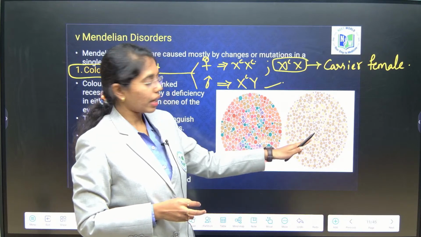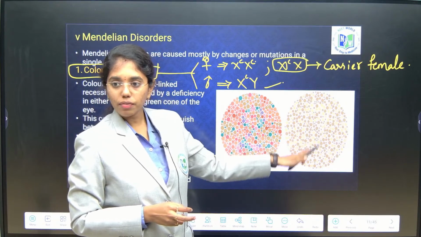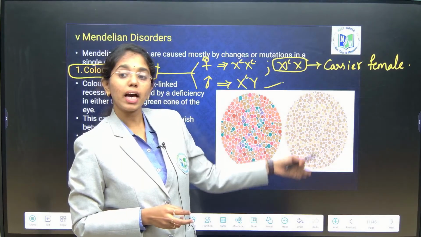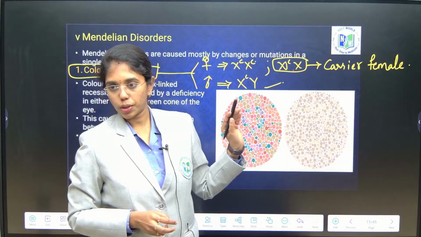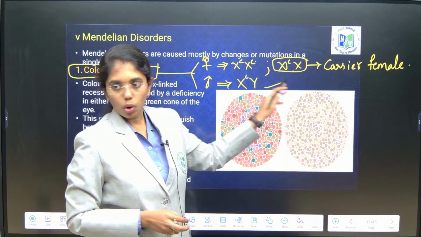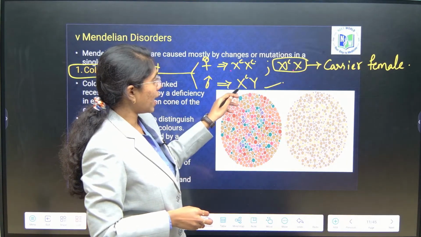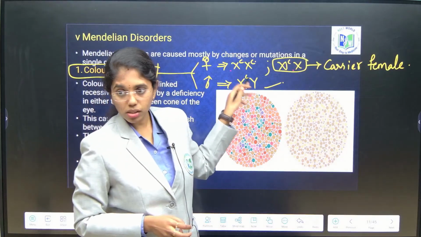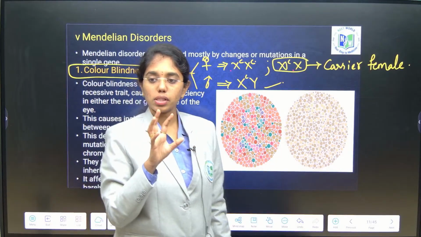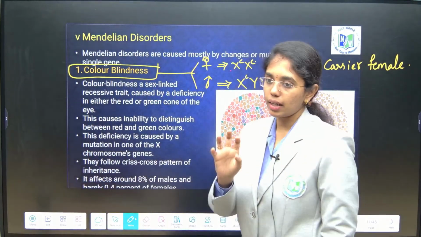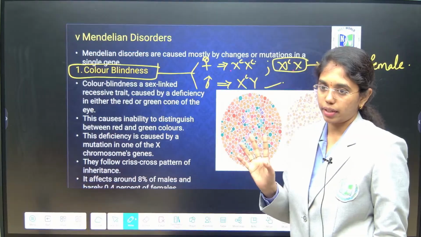But when red and green colors are shown, this will be the vision of a person who is color blind, and the effect will not be there in the heterozygous condition. Females will have normal vision, and males with the affected X chromosome will have color blindness. Clear, right? The cones will be affected. Fine, right?